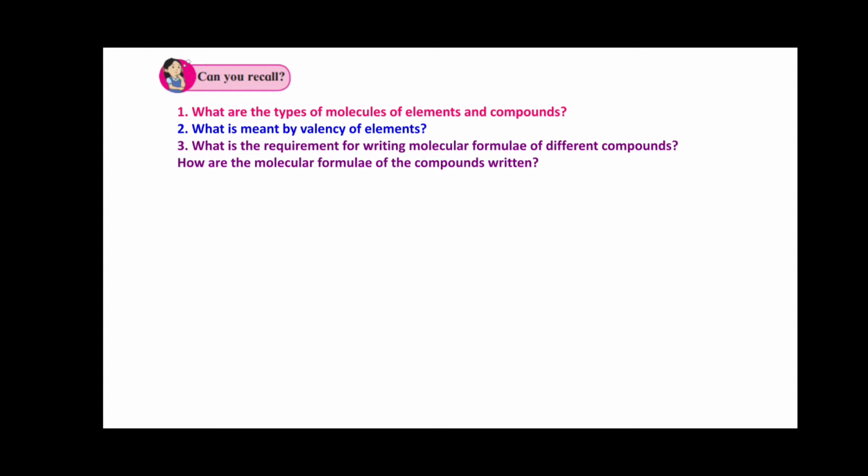The steps are: number 1, writing the symbols of the radicals with the basic radical on the left side and the acidic radical on the right. Number 2, writing the valency below the respective radicals. Number 3, cross multiplying the valencies to get the molecular formula of the compound. And the number of radicals is indicated by using appropriate subscripts in the molecular formula.